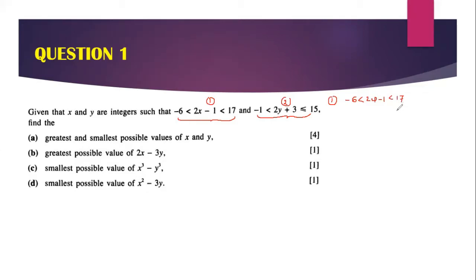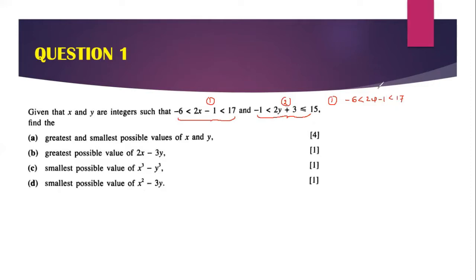What is the method we're going to use to solve this inequality? I think we are going to use the second method. The second method is deducing the inequality from the middle term. The middle term is 2x minus 1.